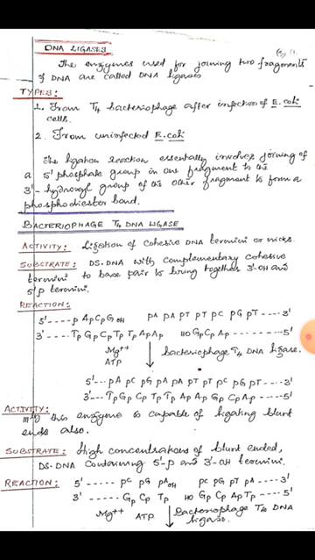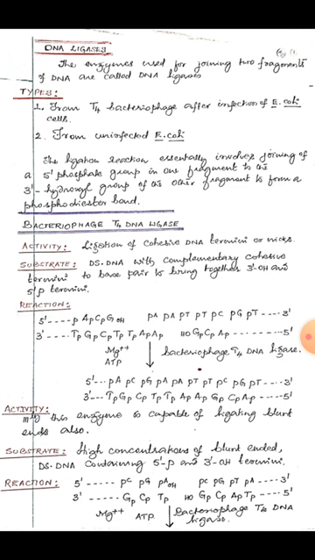Ligation, or the joining or the gluing reaction, essentially involves joining of a 5' phosphate group in one fragment of DNA to the 3' hydroxyl group of the other fragment of DNA to form what is known as a phosphodiester bond.